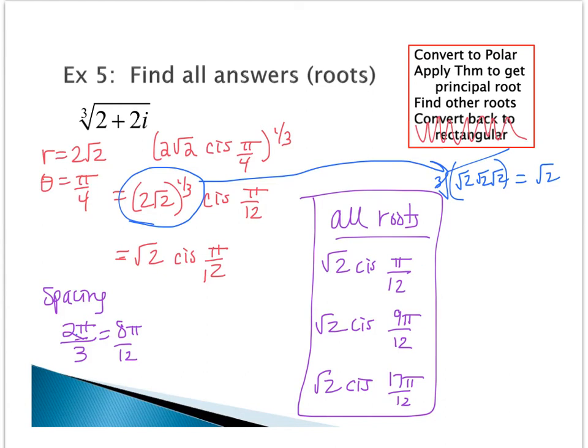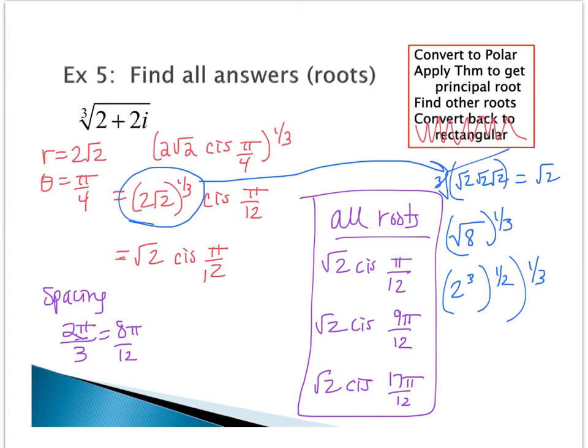Another way you can think about this is we can represent 2 root 2 as square root 8 and raise it to the 1/3 power. And 8 is 2 to the 3rd, so this becomes 2 to the 3rd raised to the 1/2 power raised to the 1/3 power, and the 1/2 power comes from the square root that is on the 8.